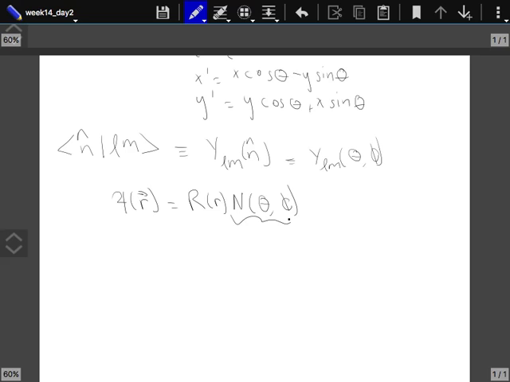As long as that part is an eigenfunction of the angular momentum, my wave function is an eigenfunction of the angular momentum. And we already know what the eigenfunctions are. So let me just write r over here, and this n, theta and phi should be some Y_lm.